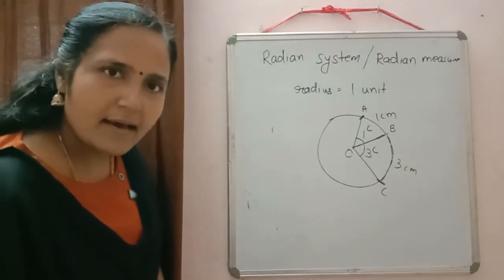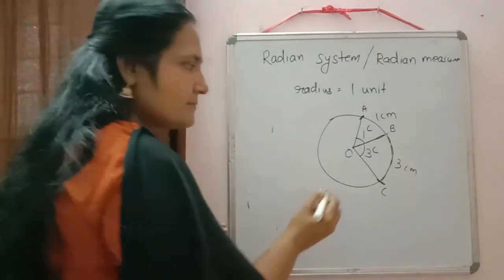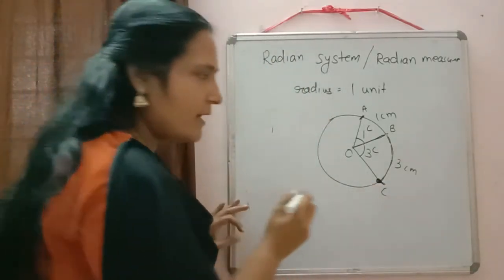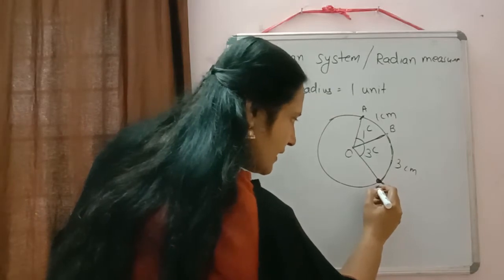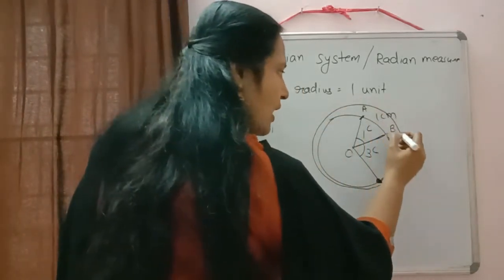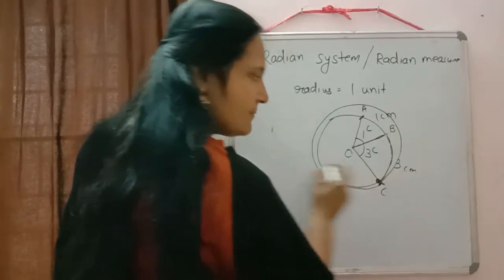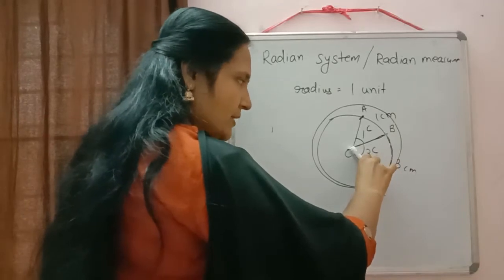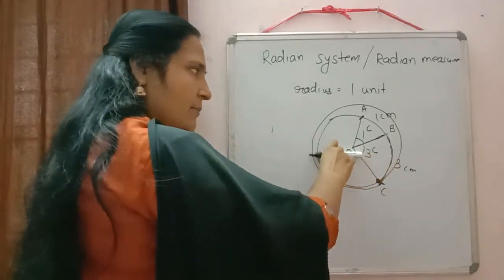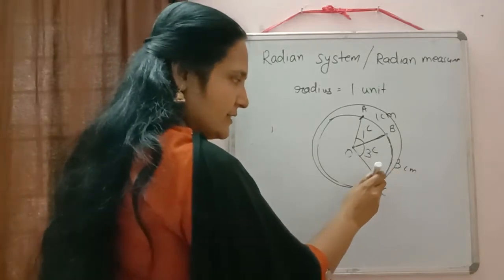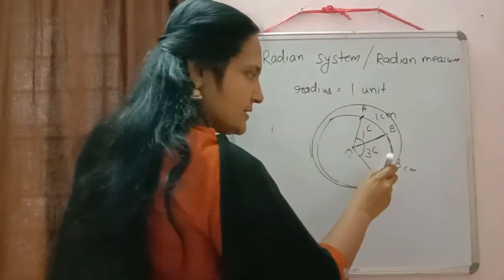Correct? Clear? Okay. Now suppose I am starting with the point C and I am moving in this way, taking the whole length of this circle. So what will be the angle made? Now I am rotating in this way and I am moving full, starting with C and ending with C only.